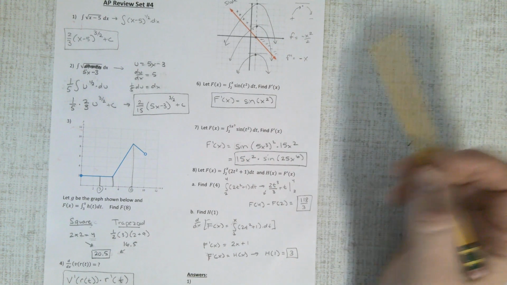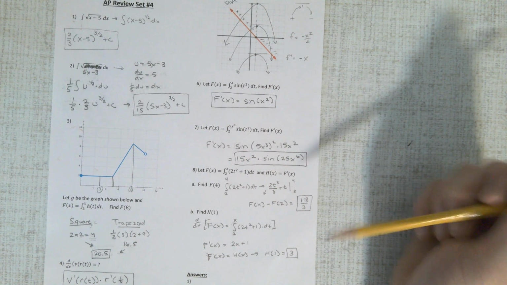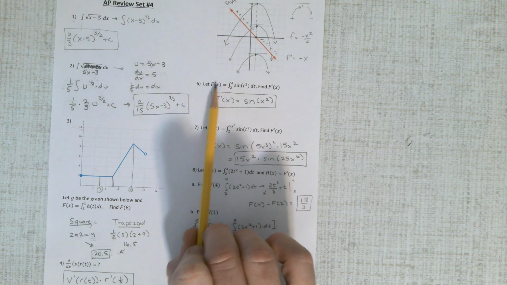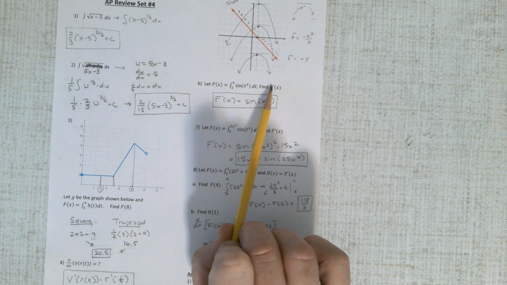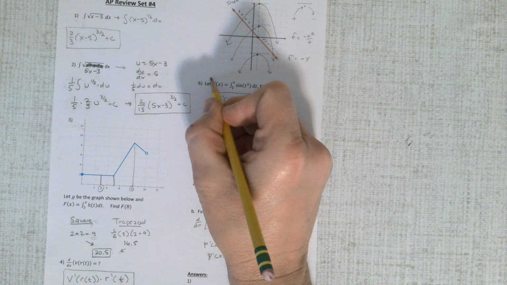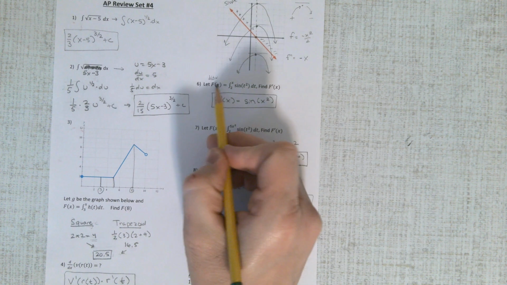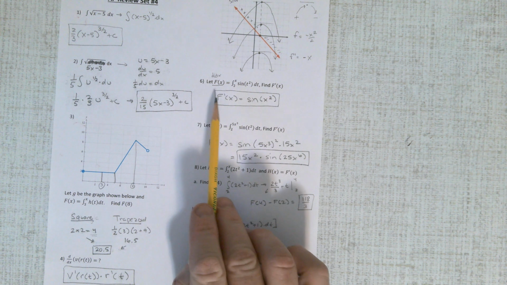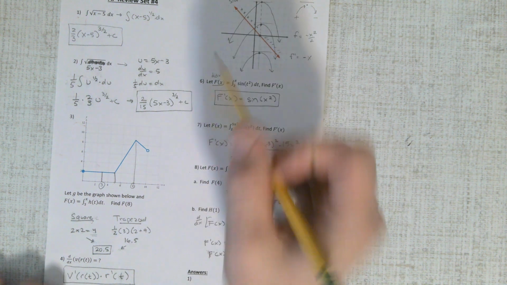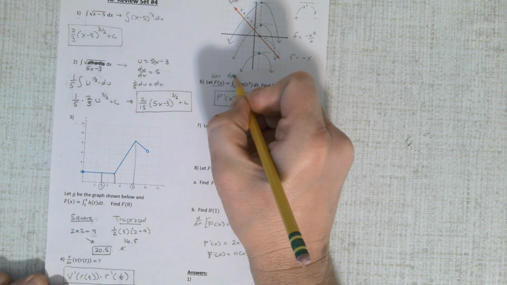All right, number 6. Well, we have the second fundamental theorem of calculus that says, hey, if you have this function right here, take the derivative. Well, if I take the derivative of f of x, that's f prime of x. And watch what happens over here. Just think about this for a second.